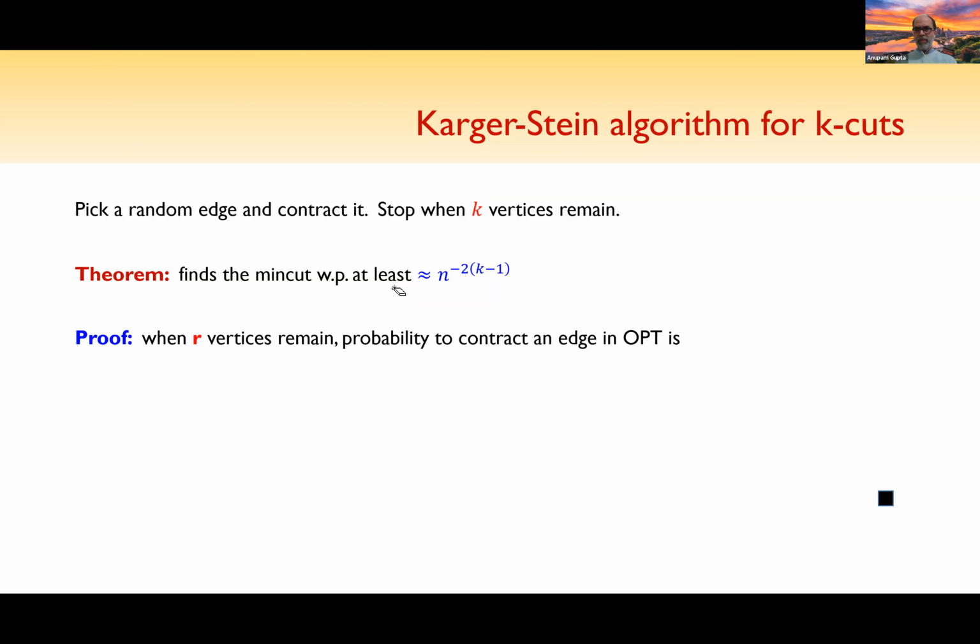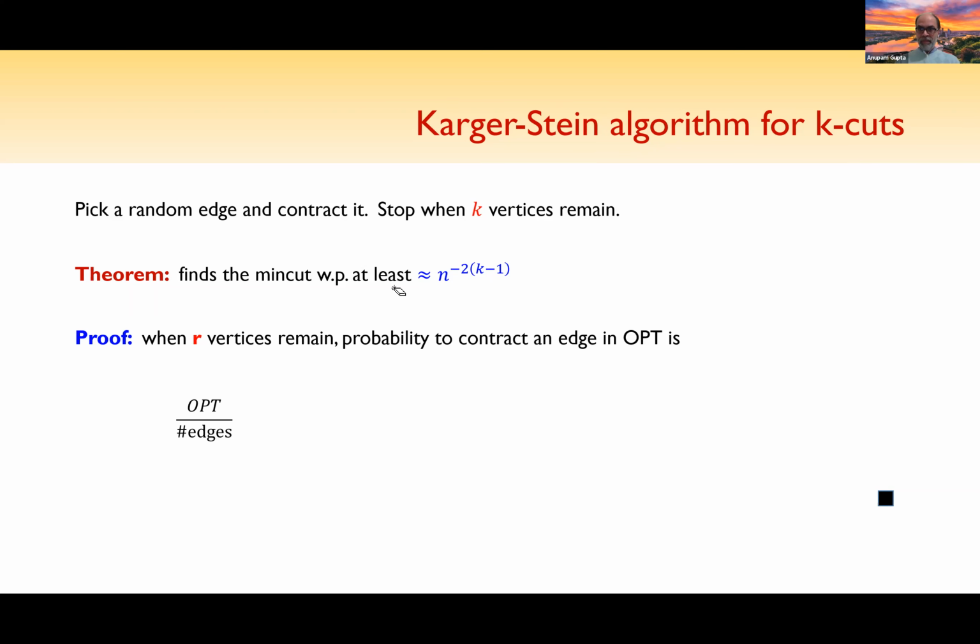Okay. So the algorithm says, look, suppose when r vertices remain, what's the probability of contracting an edge? What's the probability of screwing up, that we contract an edge which actually belongs to the optimum cut? Well, we delete an edge from opt with probability opt over the number of edges so far, right now.